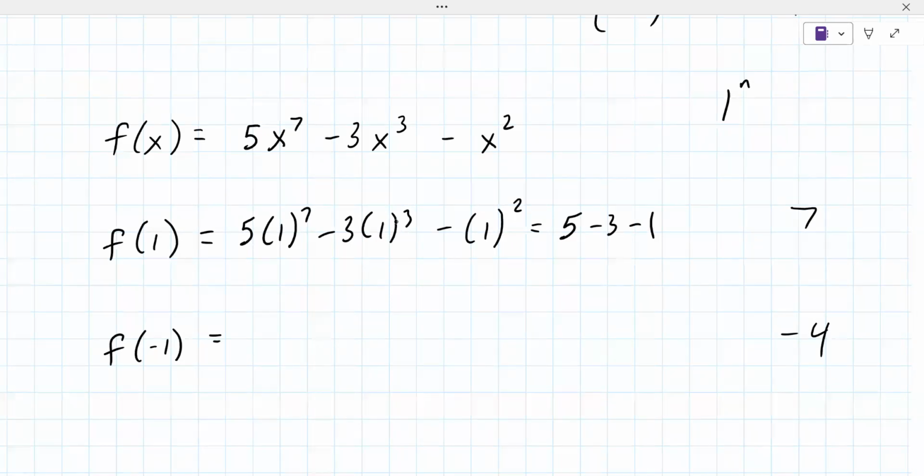Like 1 to any power is always 1. So we're different here. I guess you've got to tell me what's different about what you have versus what I have.